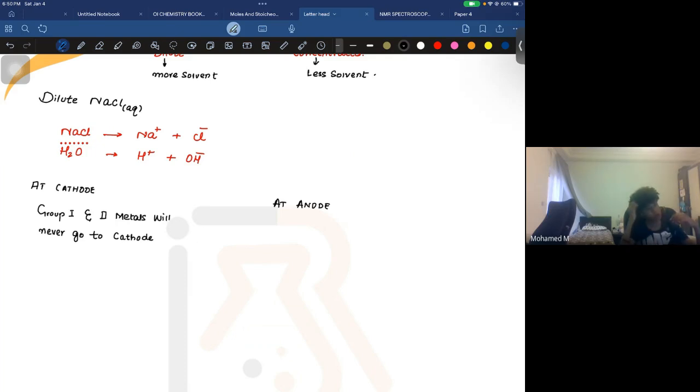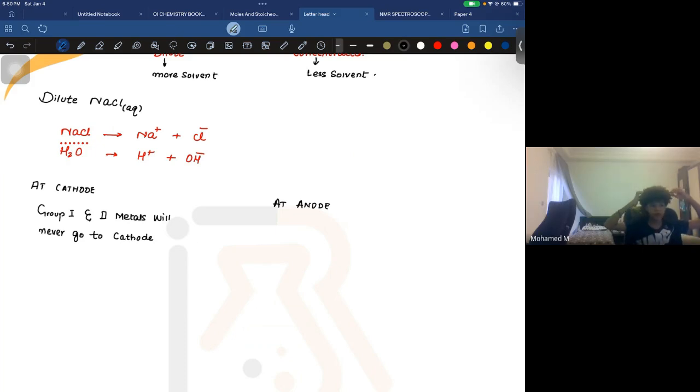So group 1 metals will never go to the cathode. What about magnesium? Only group 1 and group 2 metals.